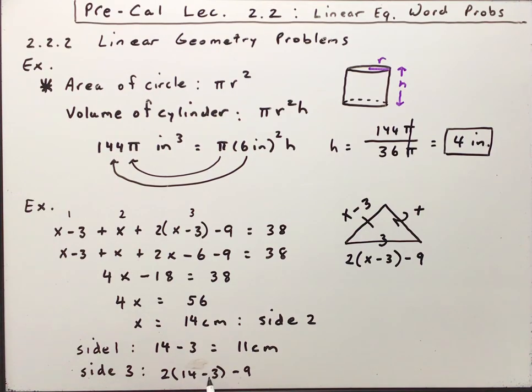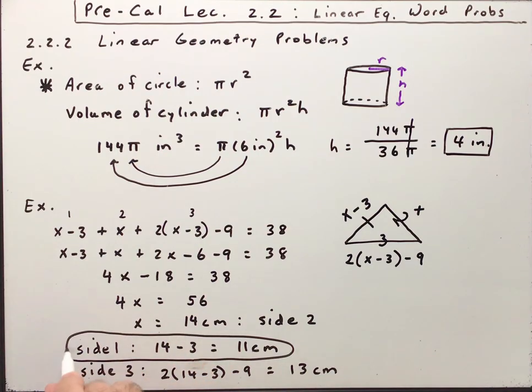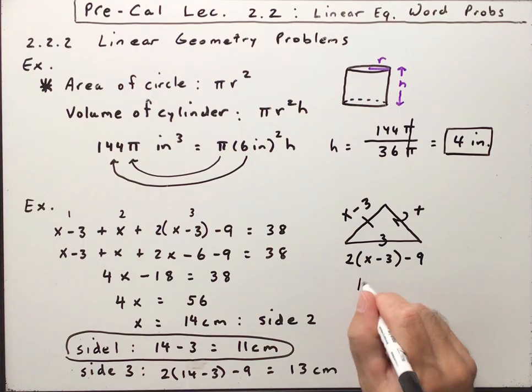So that's going to be 22 minus 9, which is 13 centimeters. So the shortest side is side 1, which is 11 centimeters.